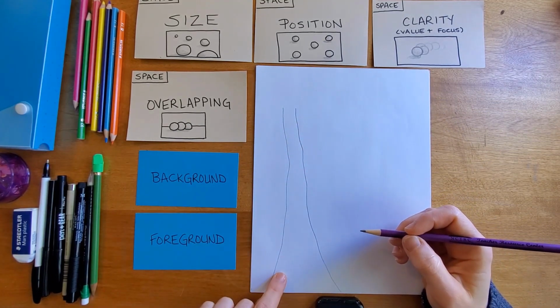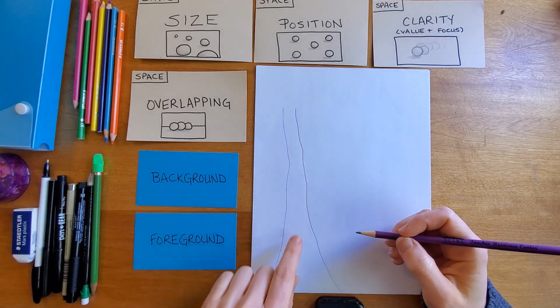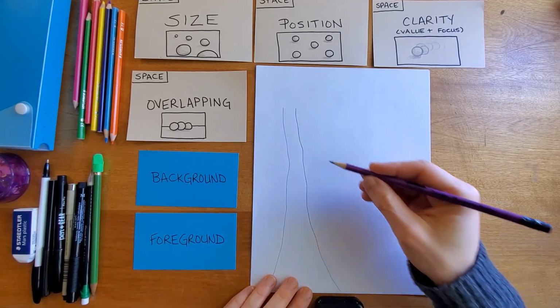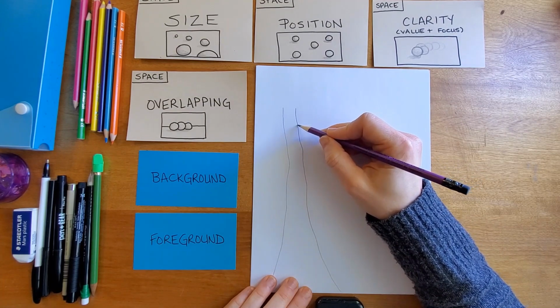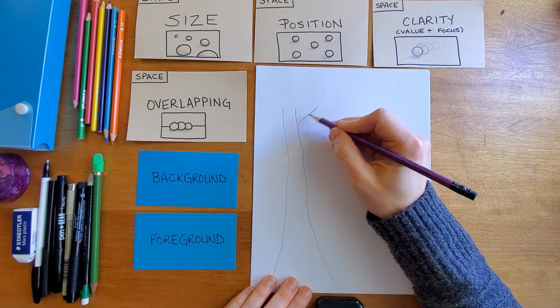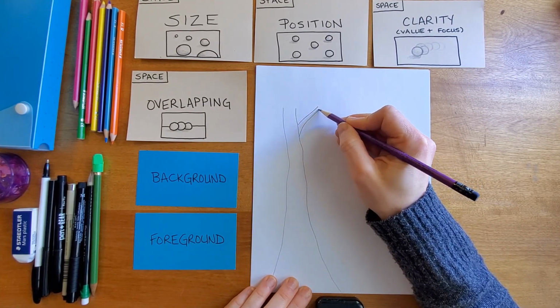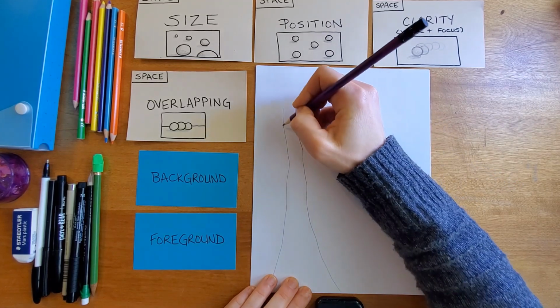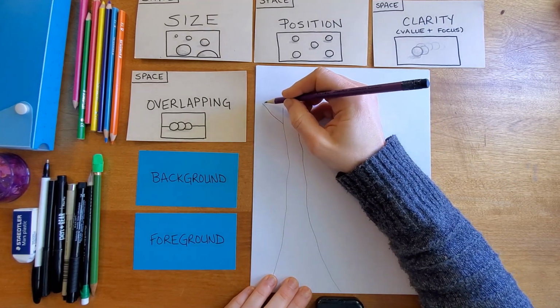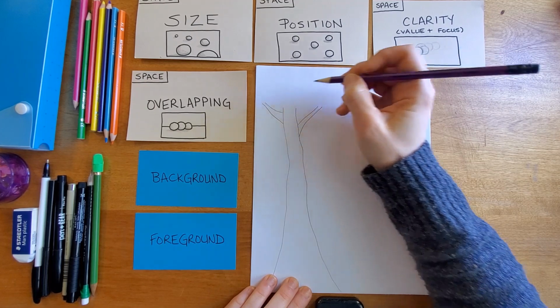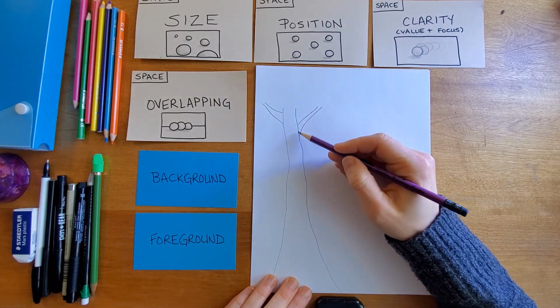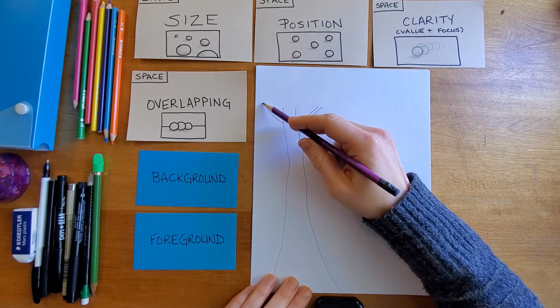Notice it's wider at the bottom, a little more narrow at the top. That's all right. If you want to, you could always draw some little branches that come off, because that does happen. And it's okay that these lines are crossed and that they're meeting.